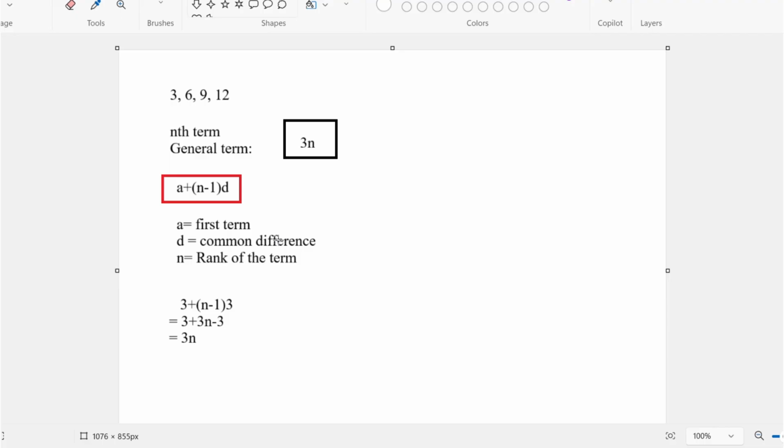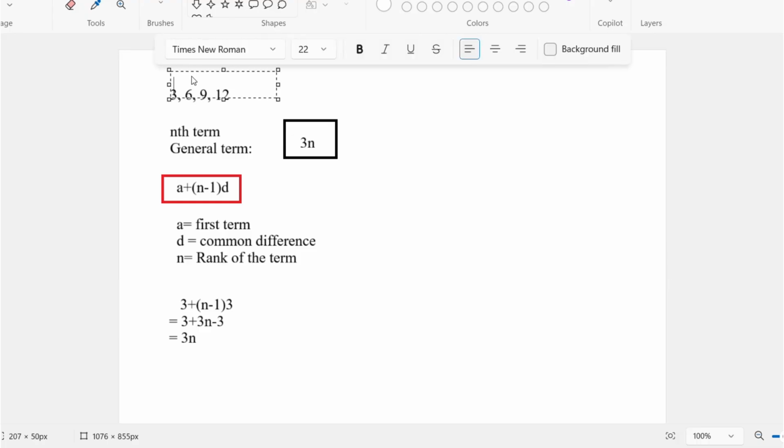So now we know that part. All of these parts were related to arithmetic.